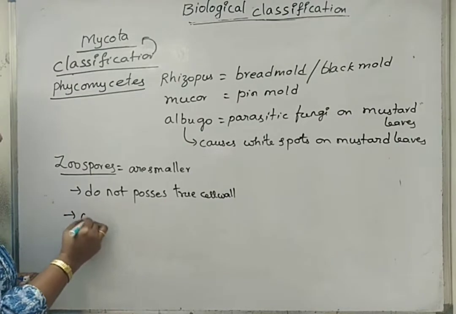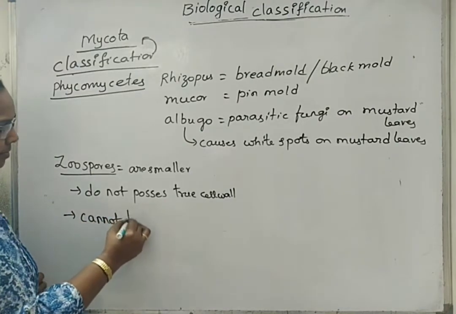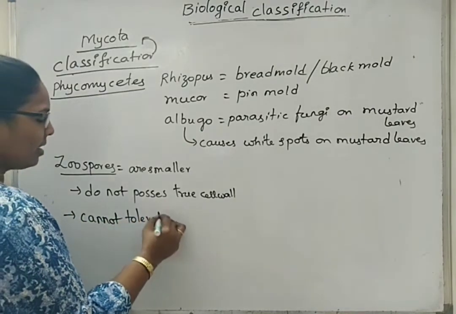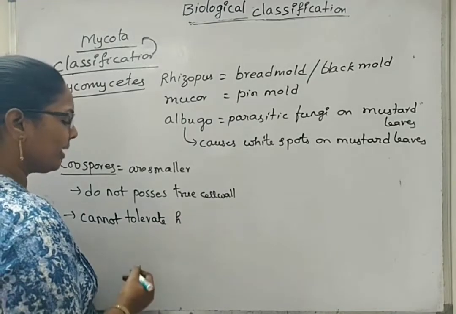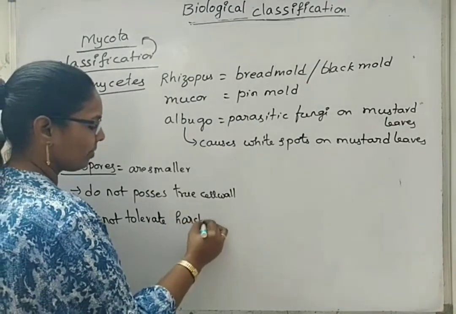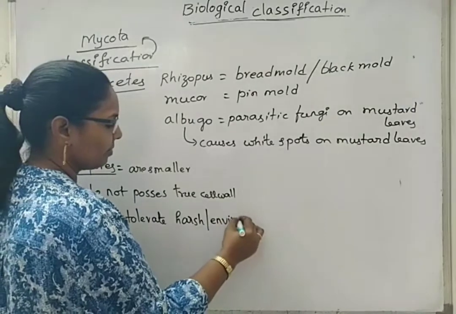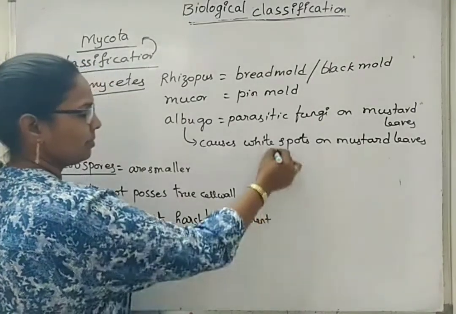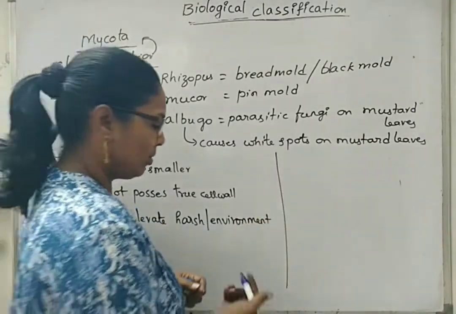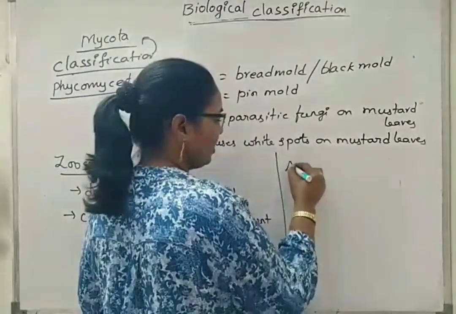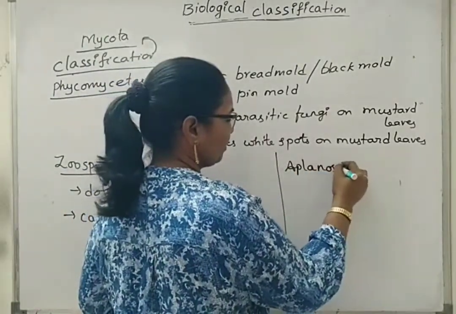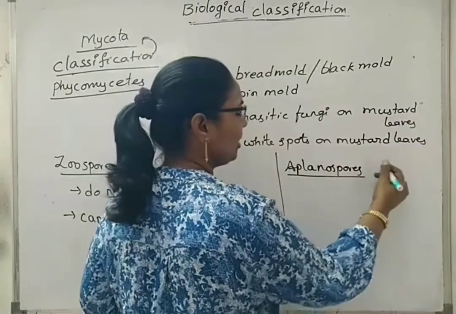They cannot tolerate harsh or abnormal environmental conditions. So these are motile forms. Coming to aplanospores, they are formed during asexual reproduction.